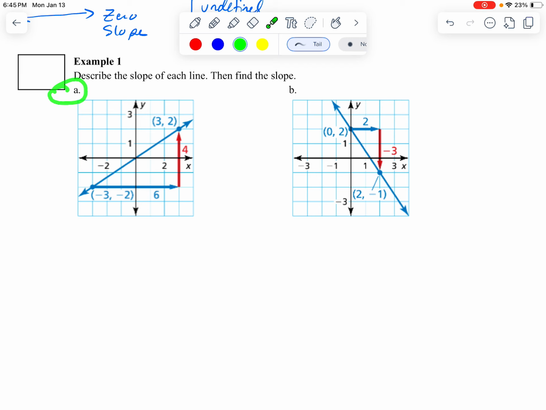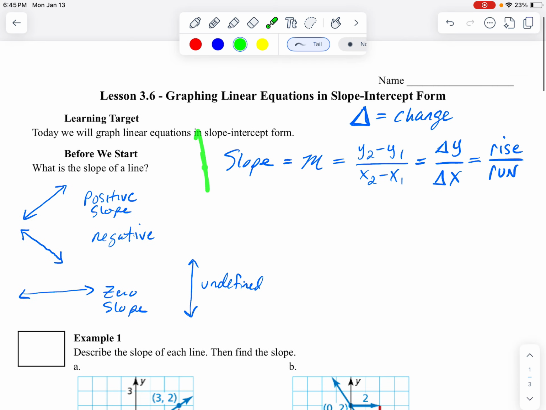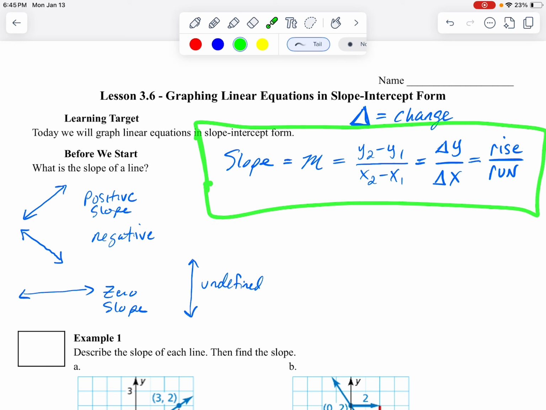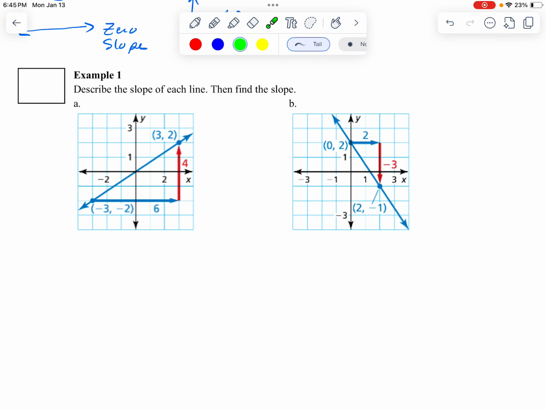So if we're looking at example A, again, we can think of this in a couple of these different ways that we've talked about slope. So slope is always going from one point to another point. We're figuring out how far over and how far up we go. So if we're thinking about it from that perspective, this left to right is what we call the run, and then the up and down is what we call the rise.